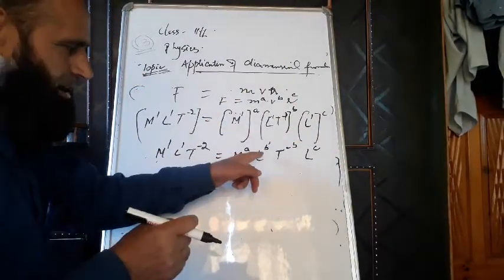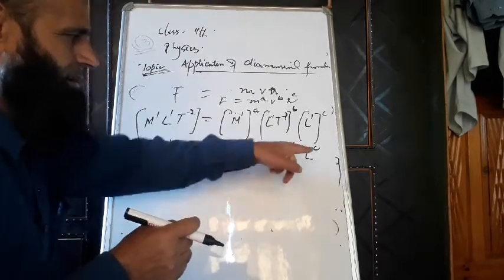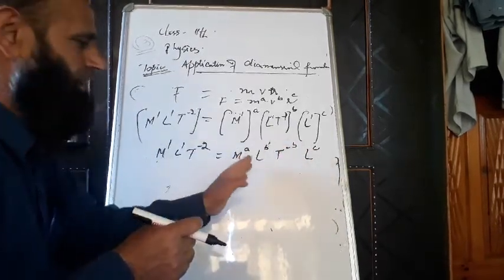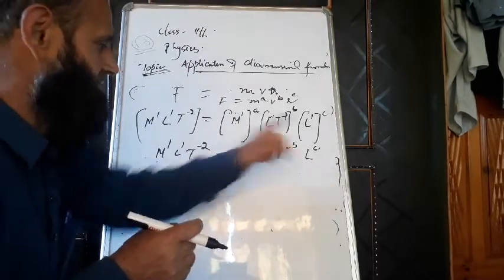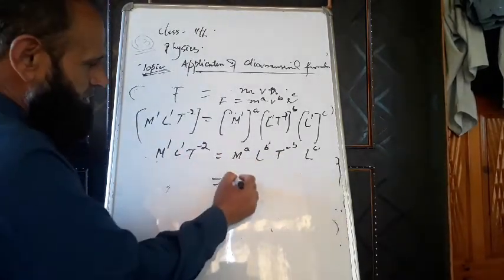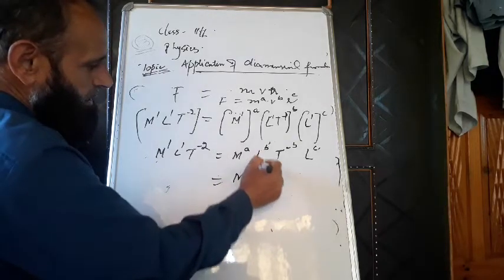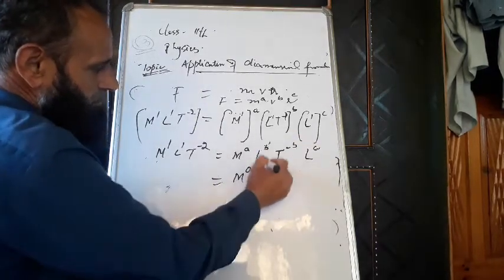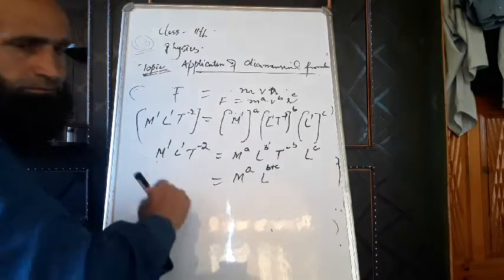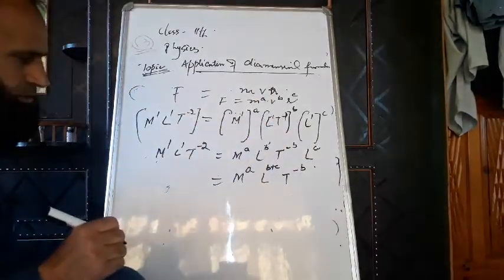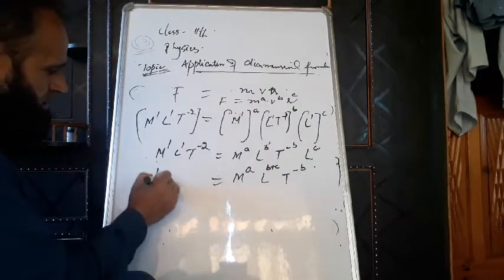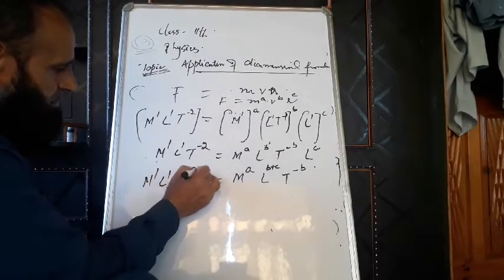Earlier there were M1, L1, now there is L^b and L^c. I can combine them: M^a, L with the powers added, b plus c, into T raised to power minus b. Here it is M1, L1, and T minus 2.